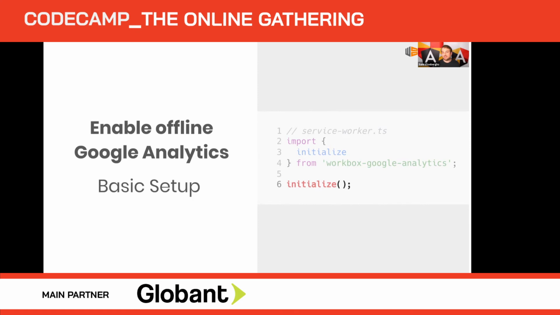So if you're tracking statistics in your web application and you make it available offline, you don't want to miss those statistics from the interactions. So how does this work? Workbox just caches the data. It caches the interactions. And as soon as you come online again, it will start hitting the server and sending those interactions again.